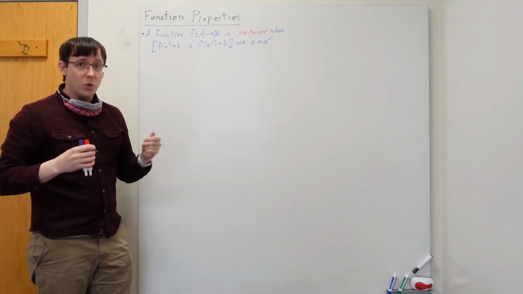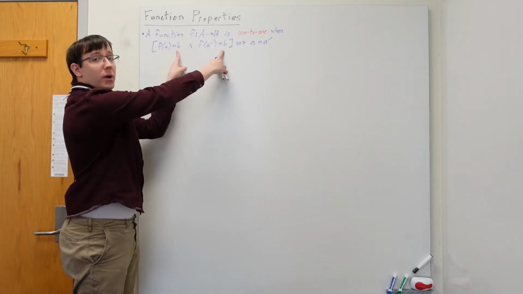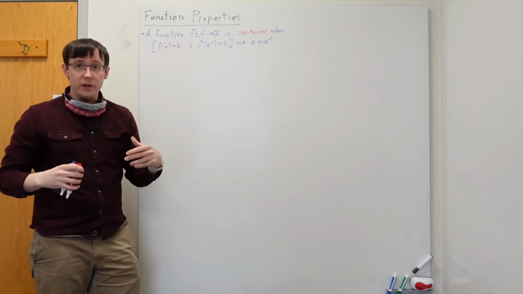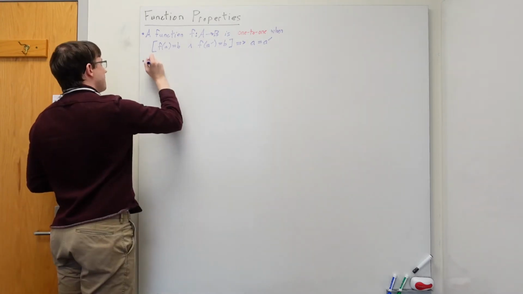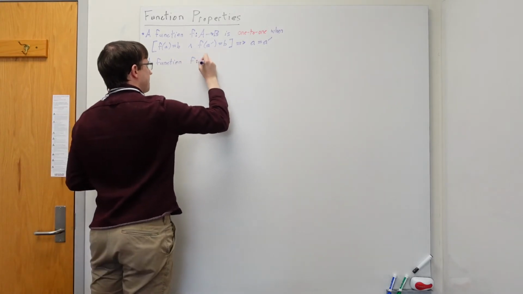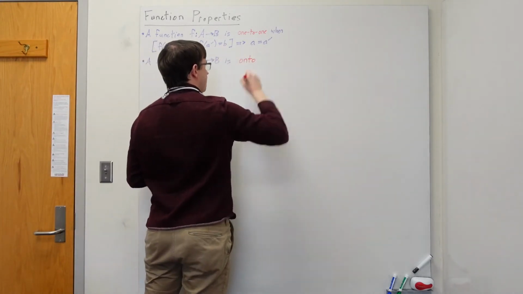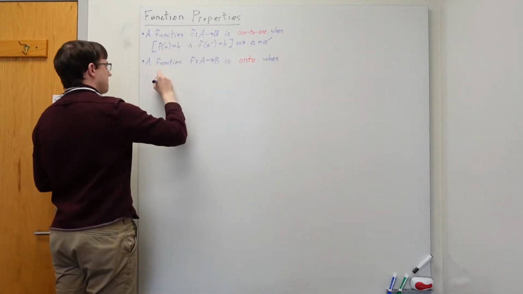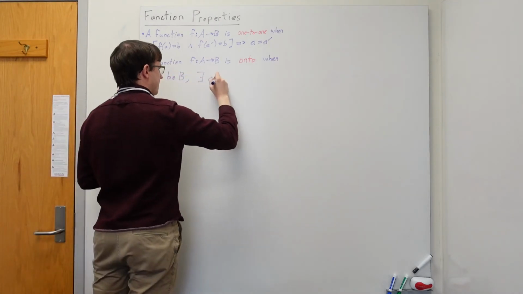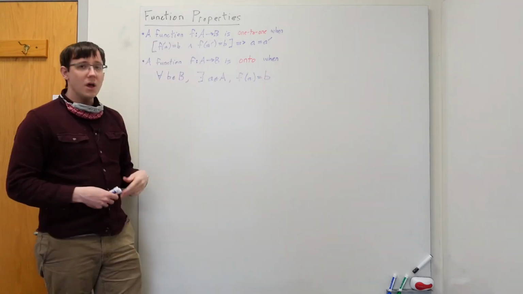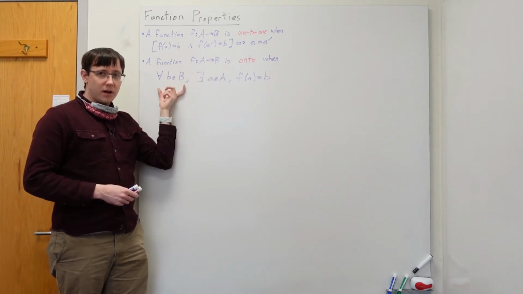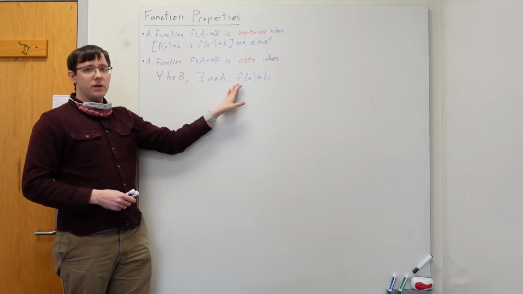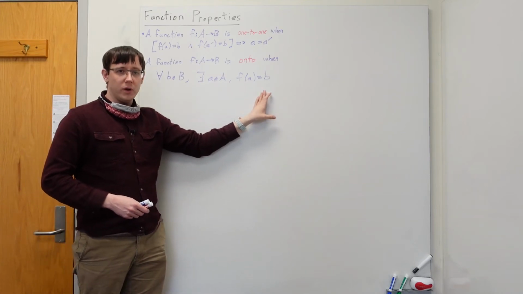We call a function one-to-one if, for every possible output, there's only one input that can produce it. We call a function onto its output set if, for every element of that output set, there is some input that maps to it.